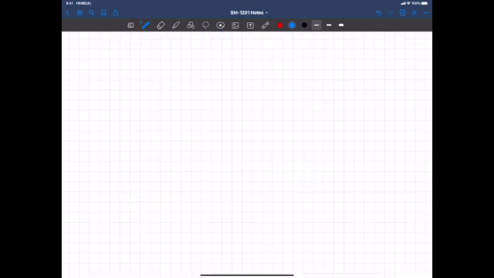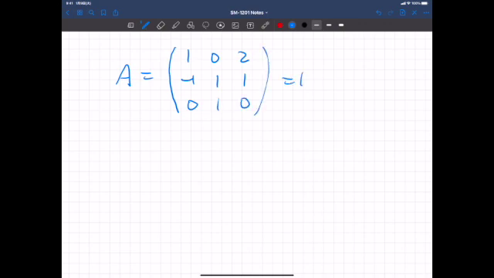Maybe it's easier to see an example. Let's calculate the determinant of this 3 by 3 matrix: 1, 0, 2, negative 1, 1, 1, 0, 1, 0. So these are the a_ij's.